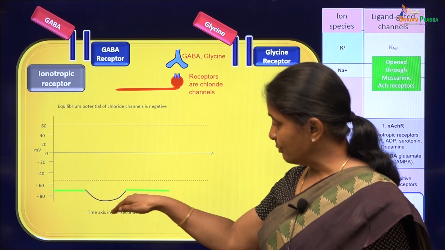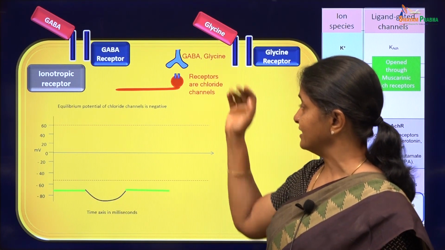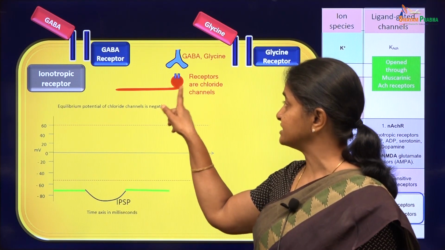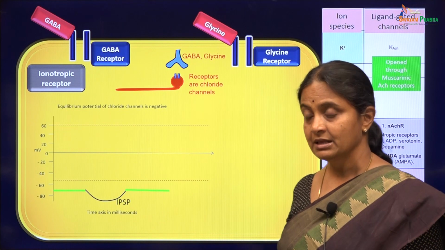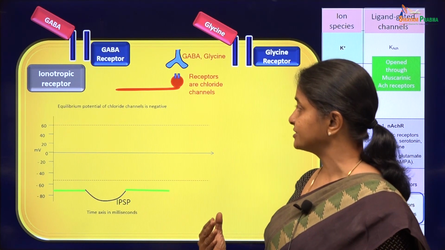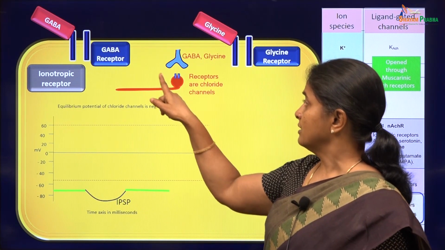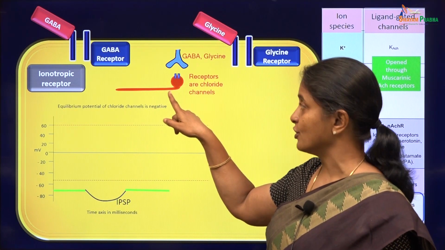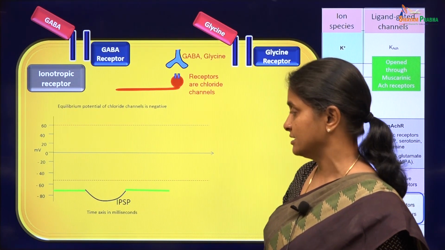These hyperpolarizations induced by these neurotransmitters are called inhibitory postsynaptic potentials. They are inhibitory because, suppose there is another synapse also acting on this postsynaptic neuron, and that releases glutamate.